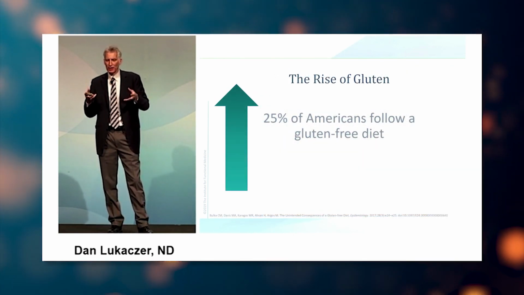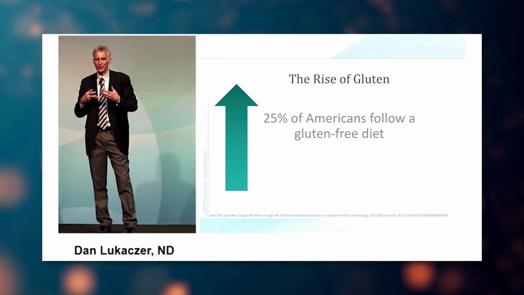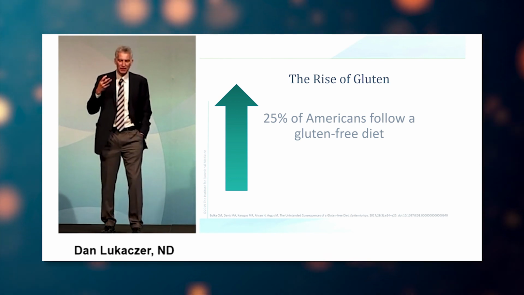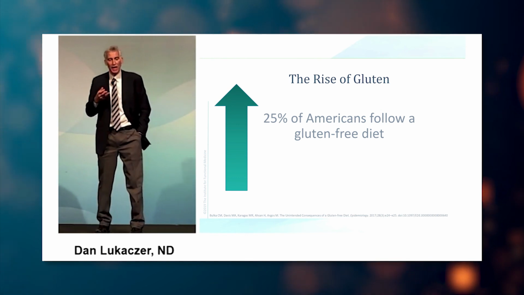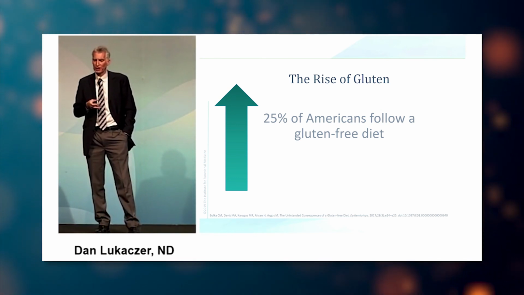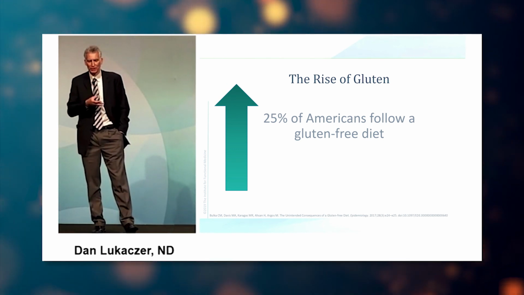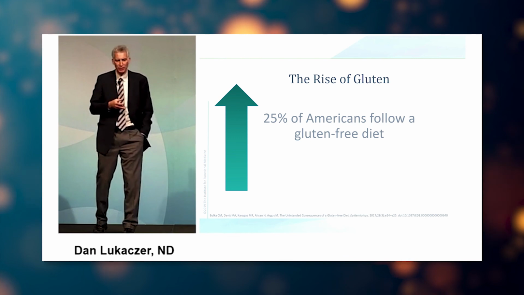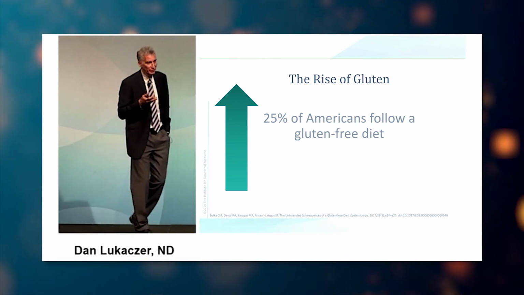And we know that many Americans, at least in the United States, feel that following a gluten-free diet is important because of general health reasons, or they think they're having a reaction, and more people are avoiding gluten. Statistics are a bit hazy on how many people are avoiding gluten, but a study that came out in 2017 said 25% of Americans follow a gluten-free diet.